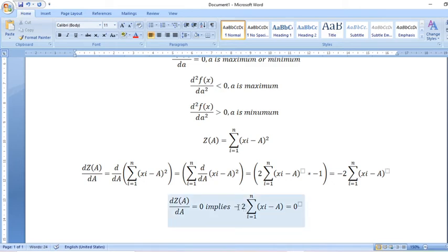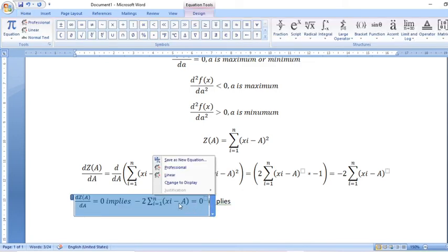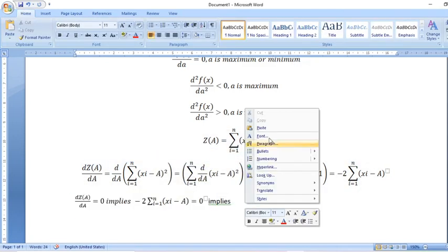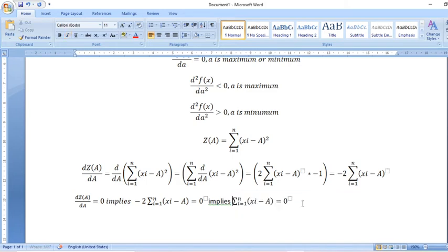We can move this minus 2 to the right side, so it will merge with 0.